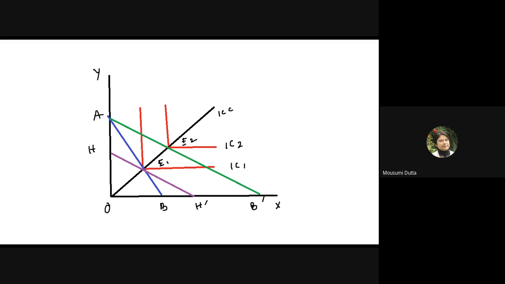In figure 1, AB is the original budget line. The highest attainable indifference curve, IC1, is reached at E1.